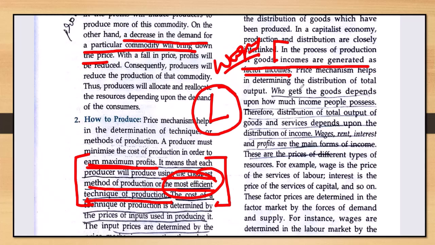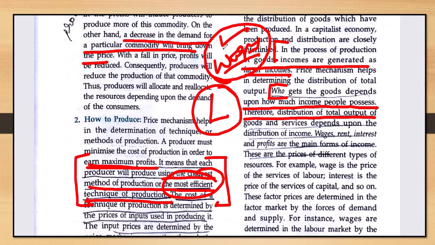Now the price mechanism helps in determining the distribution of total output. How does the price mechanism, the demand and supply, help in distributing the total output? Who gets the goods depends upon how much income people possess. Therefore, the distribution of total output in the capitalistic economy depends highly on how the wages or the various factor incomes were distributed.